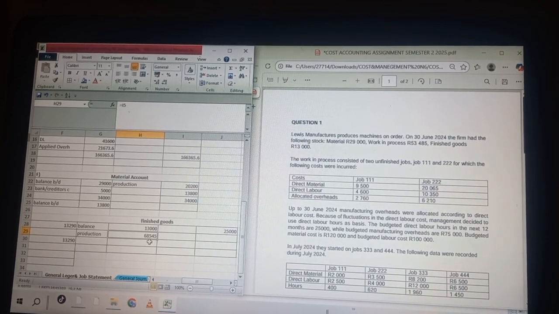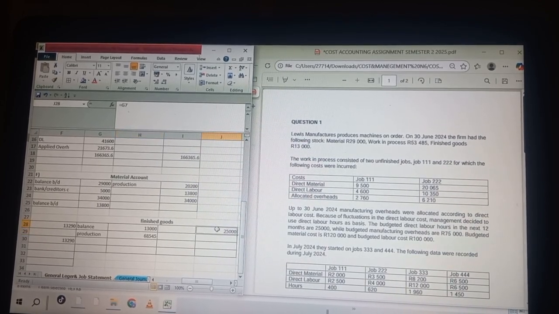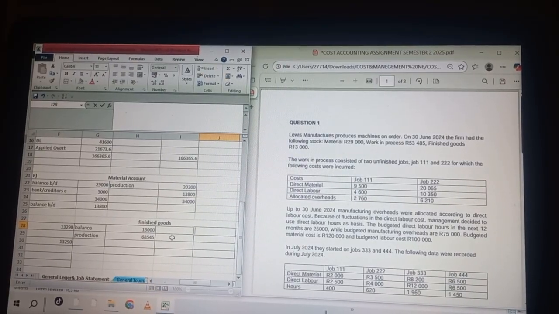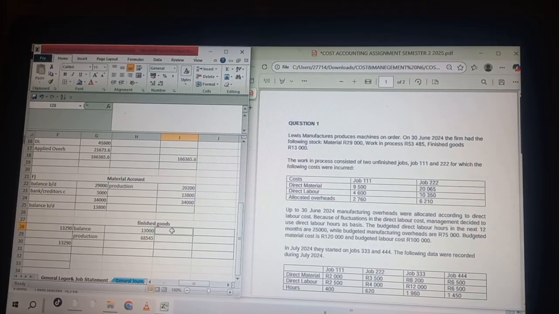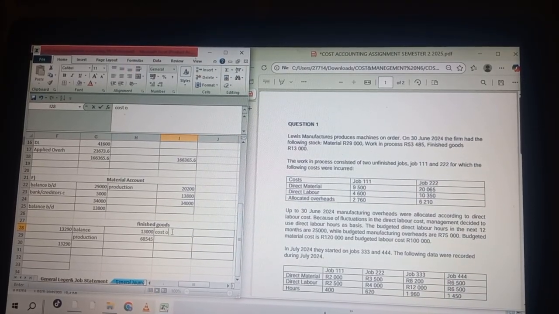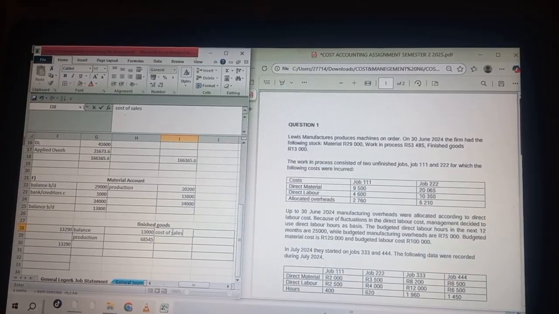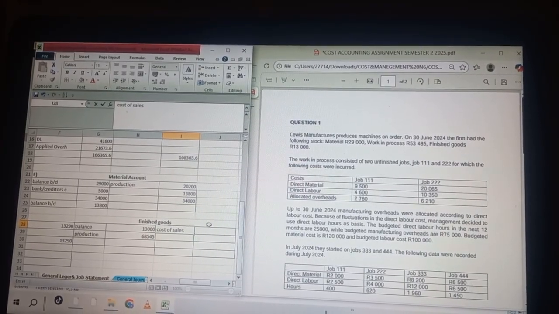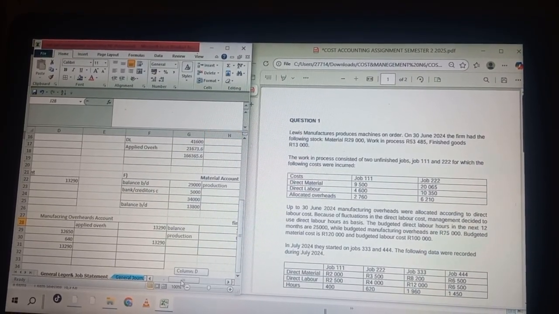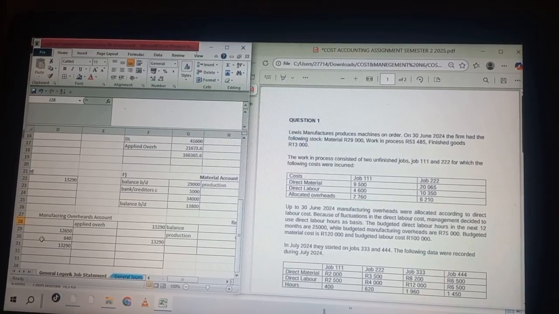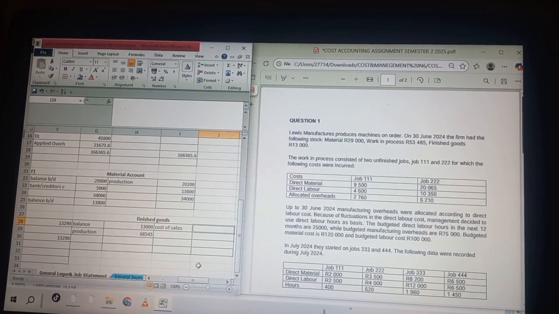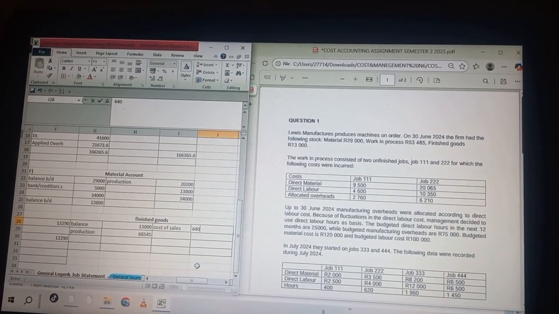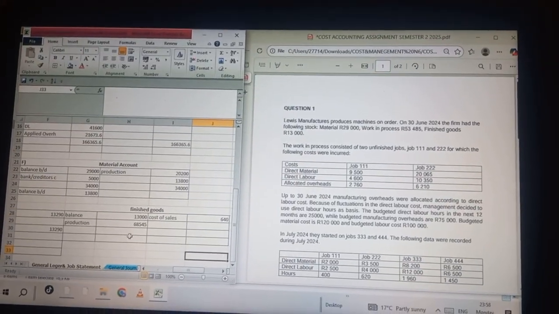And then now, guys, we need to less cost of sales. We always less cost of sales. For how much? We already calculated it. It gave us 640. This is my bigger side.